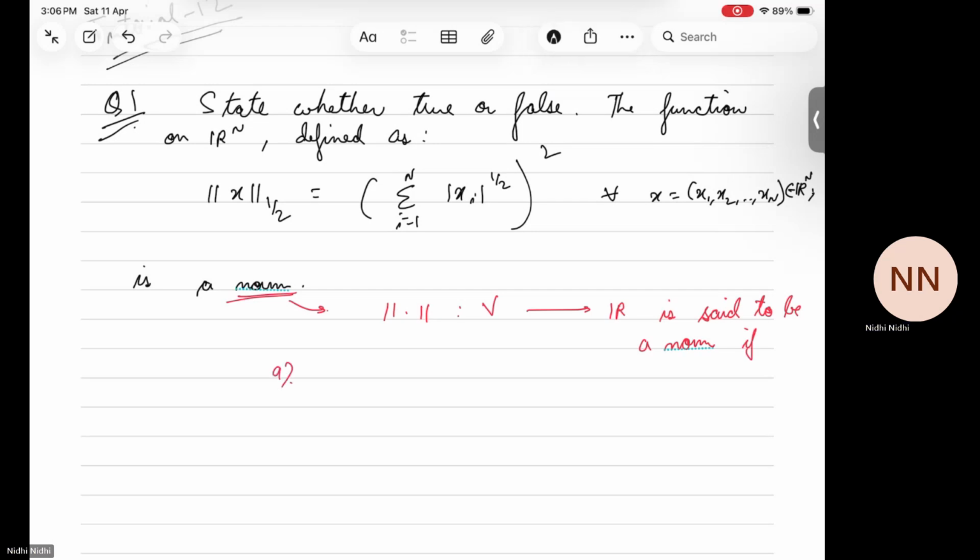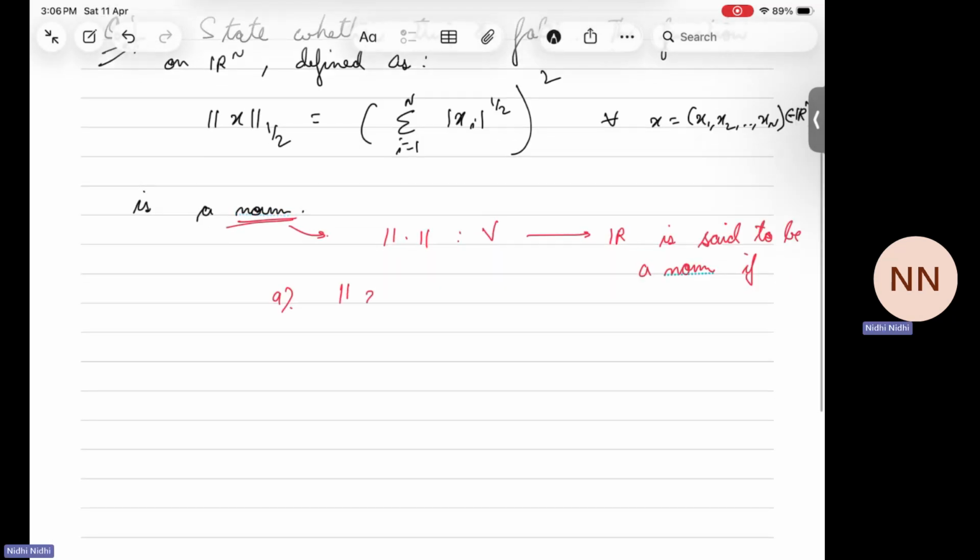Firstly, it maps every vector to some non-negative real number. That means norm of x should always be non-negative, and this happens for every x in V. Secondly, this can be equal to 0 if and only if the vector is the 0 vector.